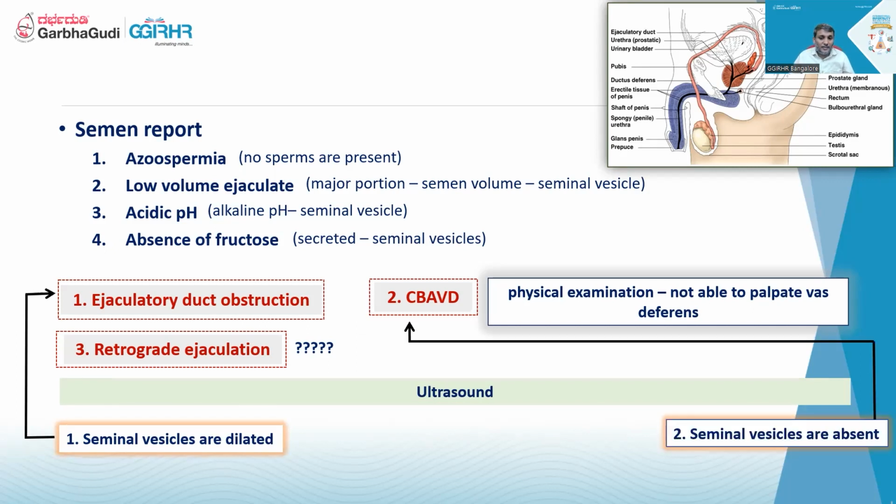If the seminal vesicle is absent in ultrasound, then there is a congenital absence of vas deferens. And if both are normal, there is no dilation, no absence of the vas deferens, and the hormonal profile is normal, then the sample which is supposed to come out through the penis is going to the urinary bladder.